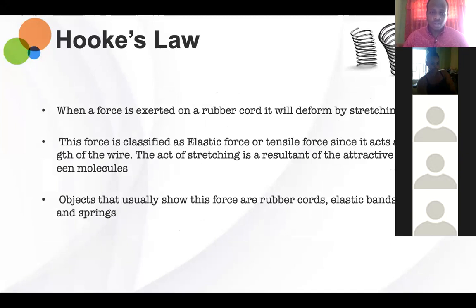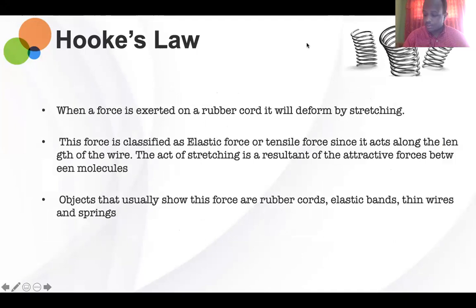So when a force is exerted on a rubber cord, it will deform, essentially by stretching. Whenever we apply a force on a string, we see some form of deformation, or it changes its shape.